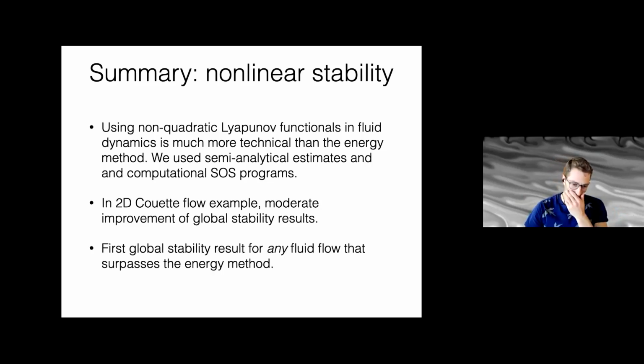On the other hand, I'm pretty sure that this is the first global stability result for any fluid flow that surpasses the energy method, or slight generalizations of the energy method that also rely on quadratic integral functions. So I think from a methodological standpoint, this is an important proof of concept, and it indicates that in the future, other ways of generalizing beyond quadratic Lyapunov functionals should be explored.